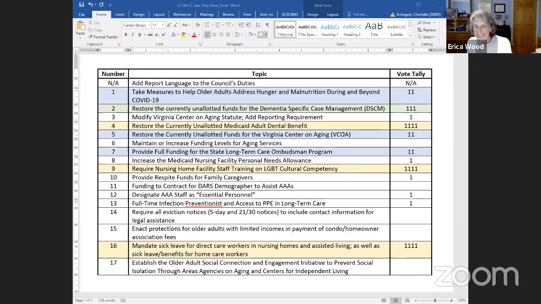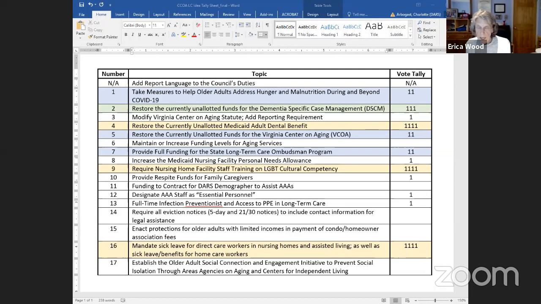We're moving on with all due speed. All right, so let's go down to number 16, mandate sick leave for direct care workers in nursing homes and assisted living. So there we have both. And not only do we have nursing homes and assisted living, but we have home care workers. And obviously with COVID, this is an item that's really on the front burner.